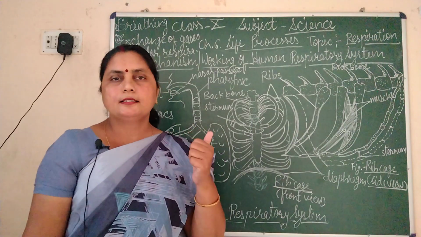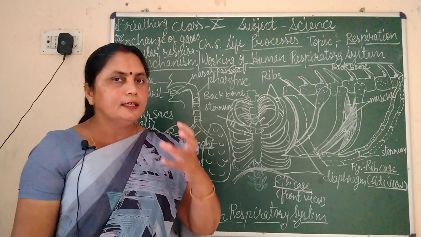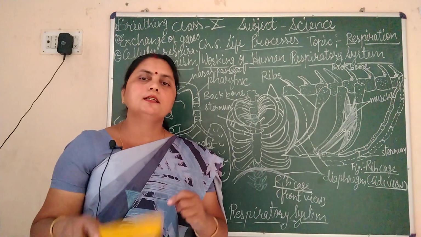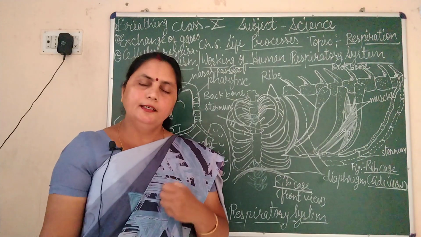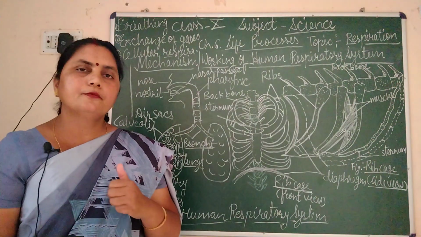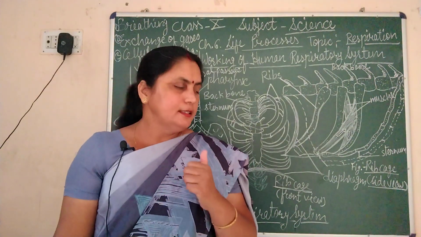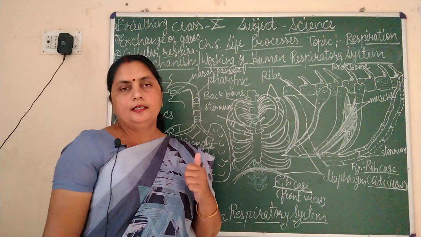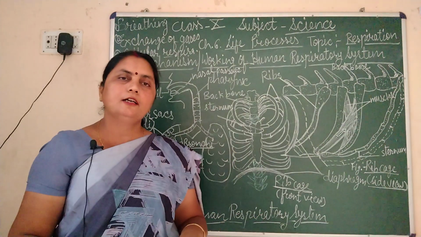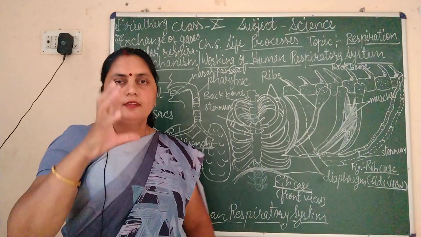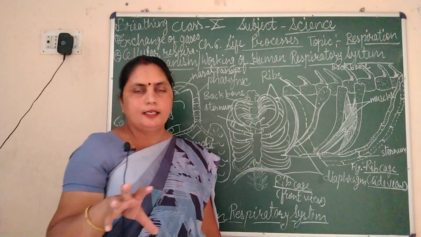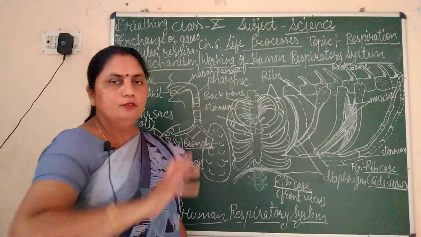Now again the question arises, when the air contains all the gases, why only oxygen diffuses into the blood capillaries? The answer is there. Our blood contains a pigment called hemoglobin, which provides red color to our blood, and this hemoglobin has affinity with oxygen and carbon dioxide only. It has affinity with oxygen and carbon dioxide only means it can combine with oxygen and carbon dioxide only, so that it can carry it to different parts.